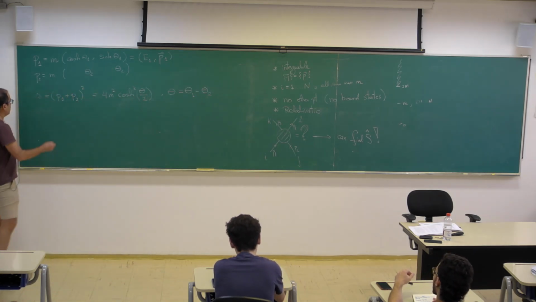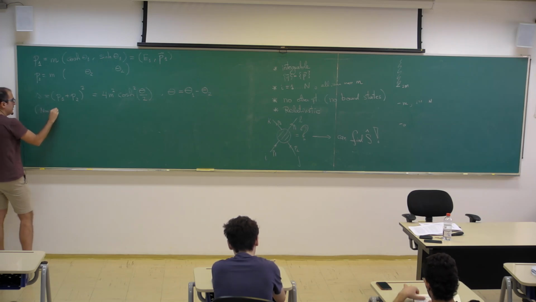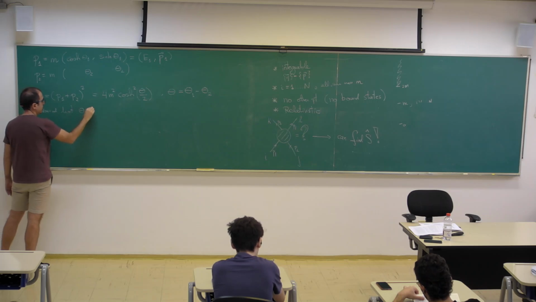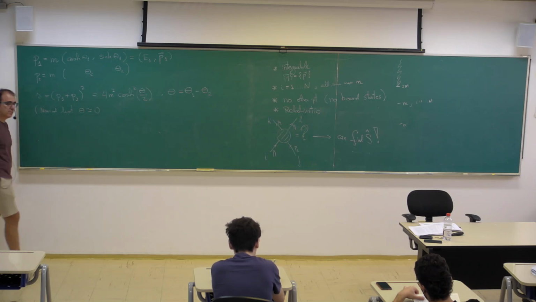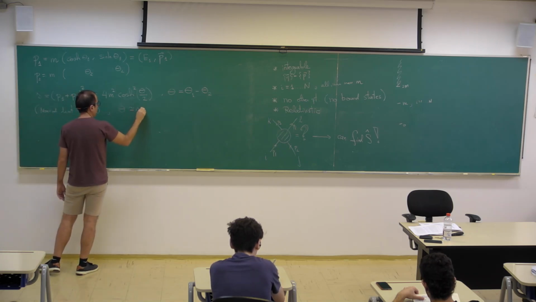Notice that the non-relativistic limit corresponds to very small theta, where you just identify theta with the velocity of the particle.